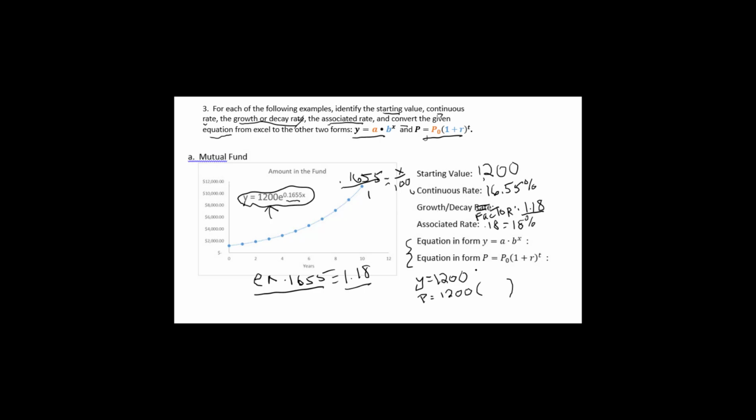So that's good for B. That's what B is, right? So it's times 1.18x. And this one here, it's 1 plus 18 over 100, or 0.18, however you want to write it, raised to, in this case, t.